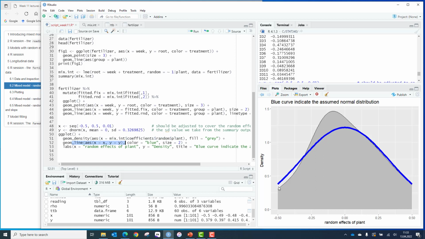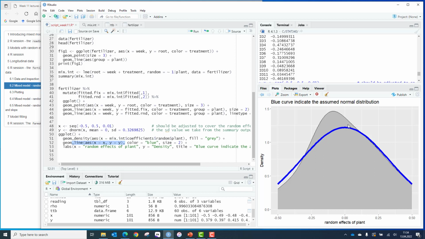And in this case, it looks very good, I would say. It's only 12 plants behind this gray area, so it will not be exactly like a normal distribution because it's only 12 samples. But still, it's quite good, I would say.